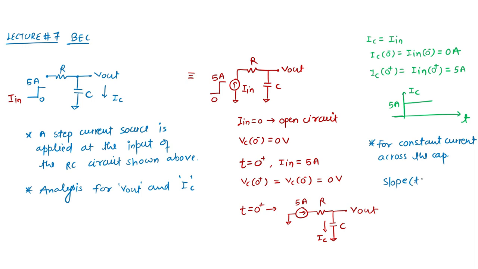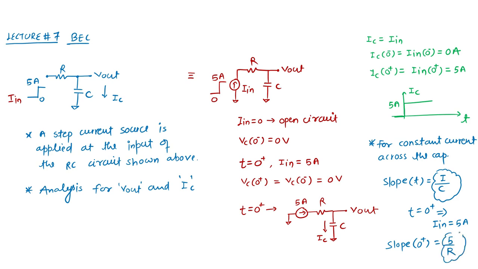The slope at any time t is nothing but that constant current I divided by C. As we know, at t equal to 0 positive, the current is IN, which is 5 ampere. So my slope at 0 plus is nothing but 5 by R.